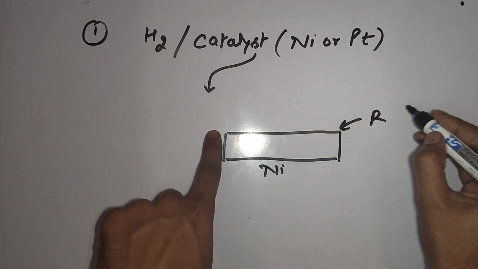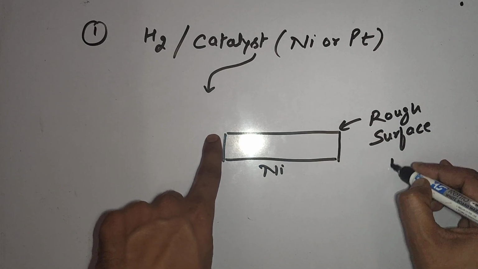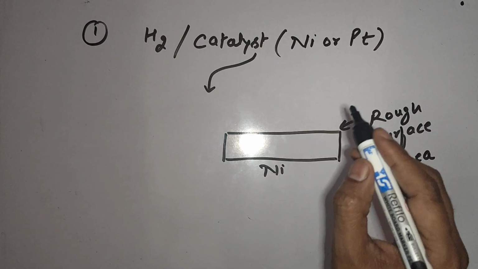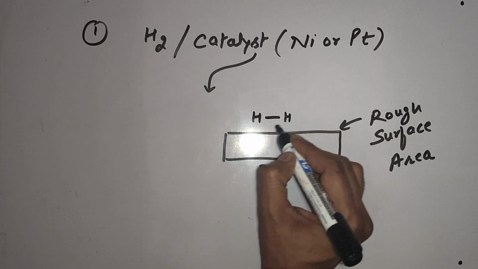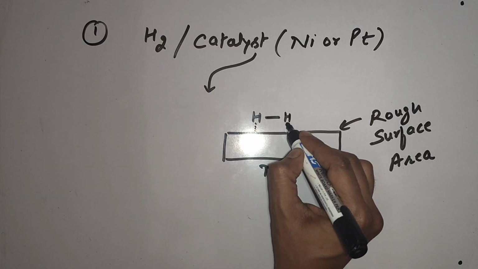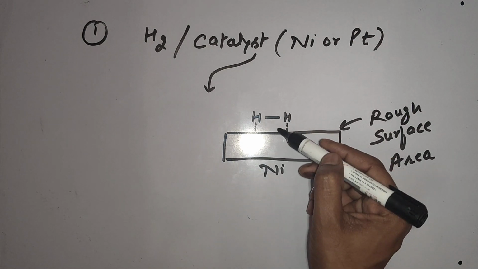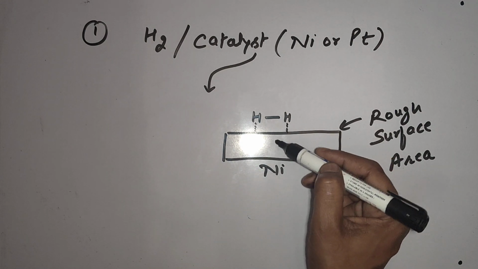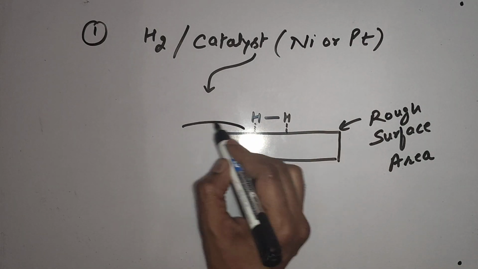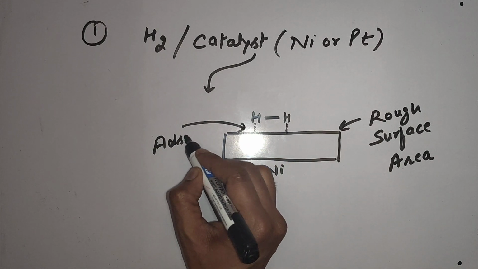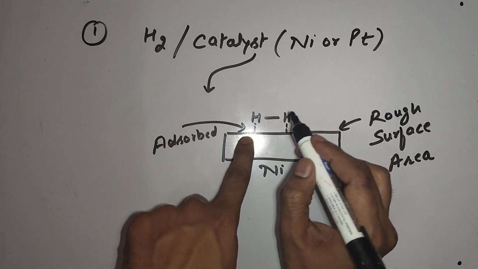So nickel metal will provide a rough surface area. On that rough surface area, the hydrogen gas particles will be adsorbed. Adsorbed means they will sit on the surface of the metal. They will not go inside of that. If they go inside the metal, we will call it absorbed. They are not absorbed, they are adsorbed. Okay. Now, in this condition, what will happen?